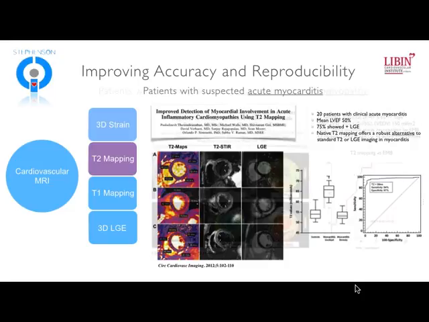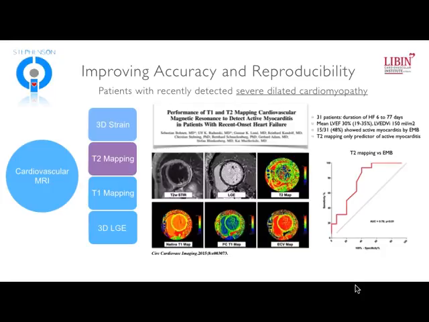So it suggested that there was the potential for T2 mapping to be a reasonable surrogate to what we conventionally use, which is late gadolinium enhancement or T2 STIR. Superiority really wasn't established with this. It was simply showing that it was a reasonable surrogate.